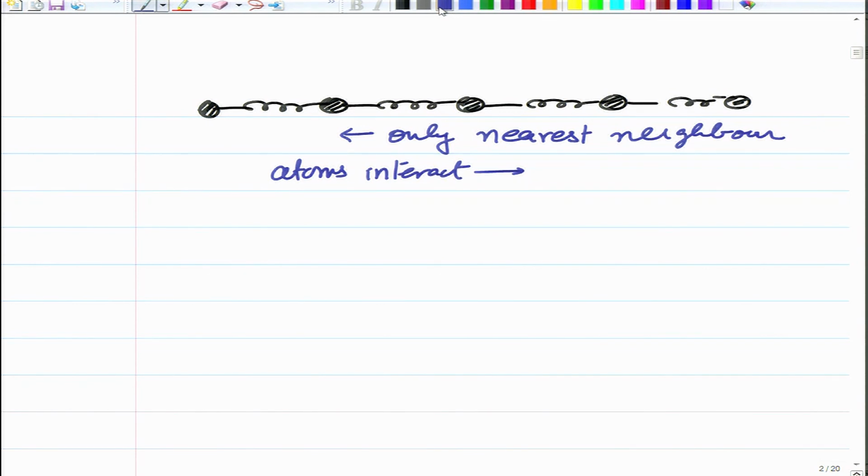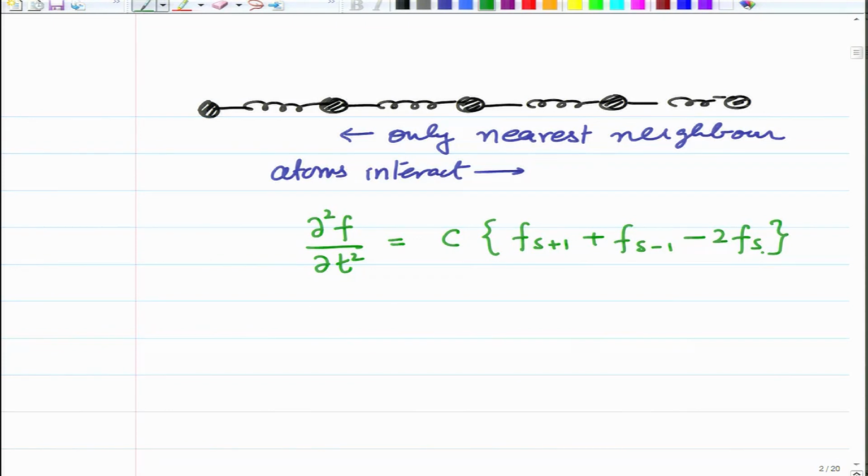Now they are discrete. I had motivated you how to come to a discrete equation, and then we wrote the equation for the displacement of these atoms as d2f over dt square is equal to the coefficient of the interaction times f s plus 1 plus f s minus 1 minus 2 f s, and I am missing a few terms here.